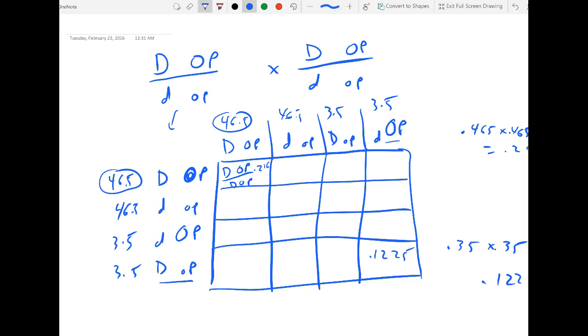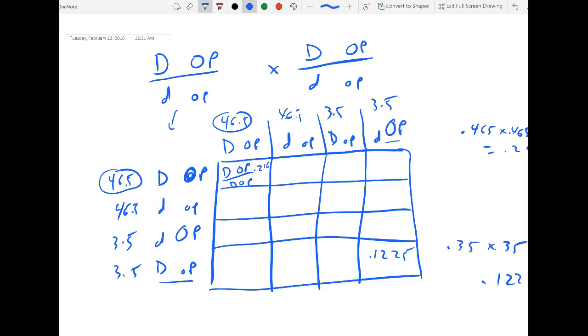Then you'd have to add up all the ones that give you the dominant phenotype and all the ones that give you the recessive phenotype. I'm not going to do all that math. It's kind of ridiculous.